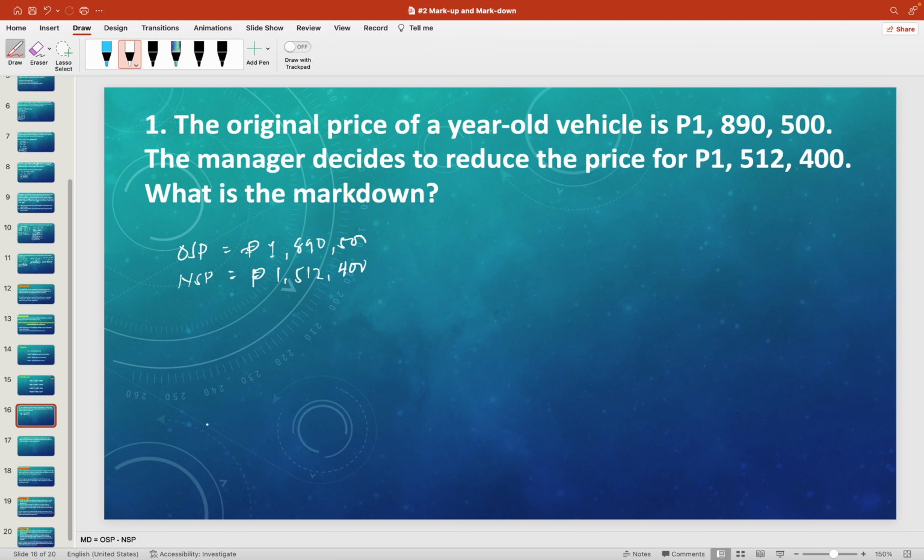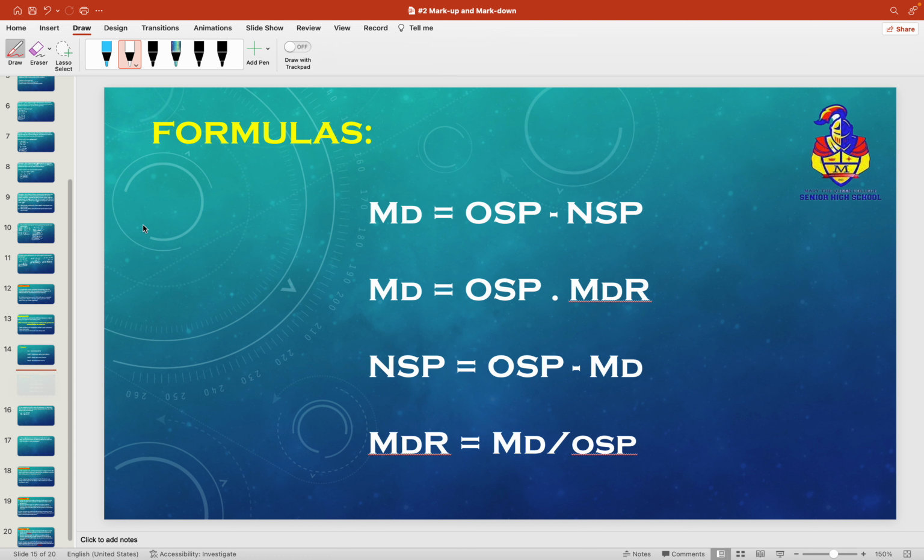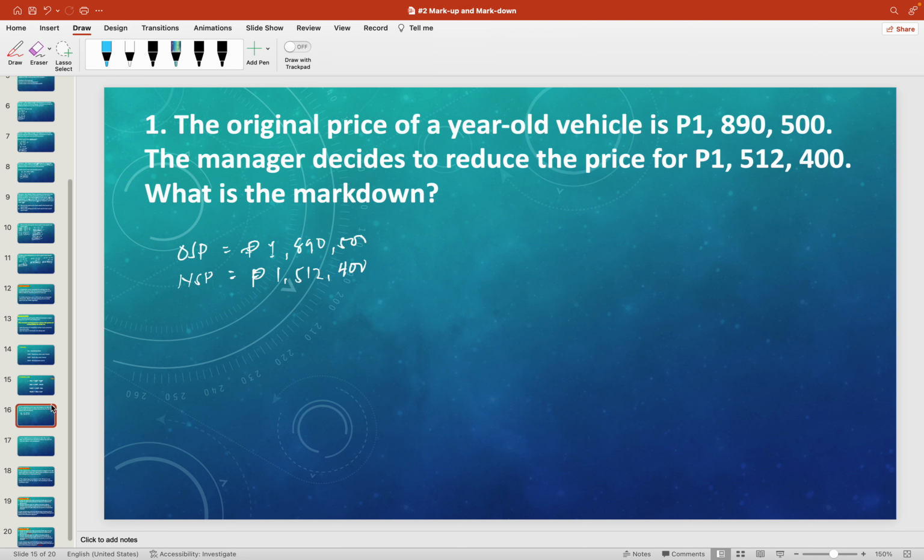So, para makuha yung markdown, ito yung gagamitin nating formula. So, we have markdown is equals to original selling price minus the new selling price. Substitute lang natin yung given.